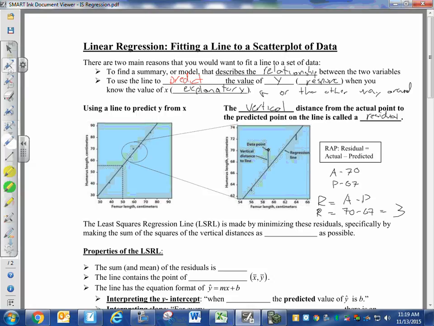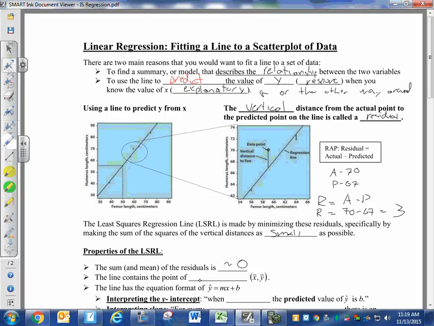Okay? And what they do is they take all of the residuals for all the points, and they take a line and they kind of work it around, and they figure out which line would make the residuals the least when you add them together. Okay? So making the sum of the squares of the vertical distance as small as possible. And when you do that, the mean or the sum of your residuals is approximately 0.